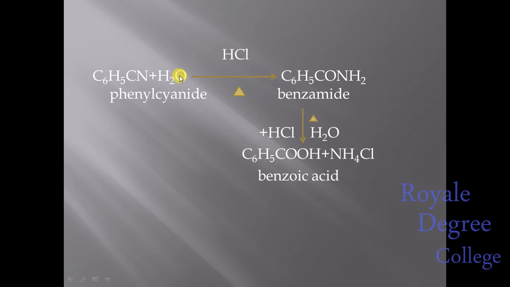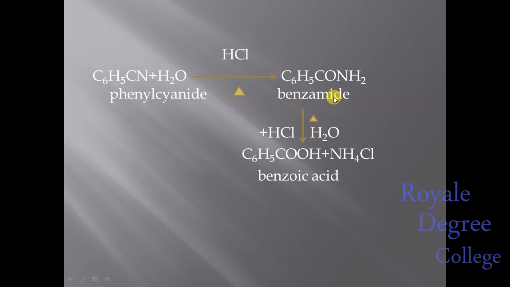In place of nitrogen, oxygen from water molecule is going to attach there to the carbon. So we are getting here C6H5CO. Then that nitrogen will attach. To the nitrogen, these two hydrogen atoms are going to attach here. So we are getting C6H5CONH2. It is named as benzamide. This is the intermediate compound.